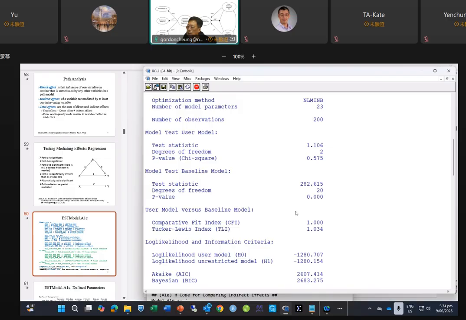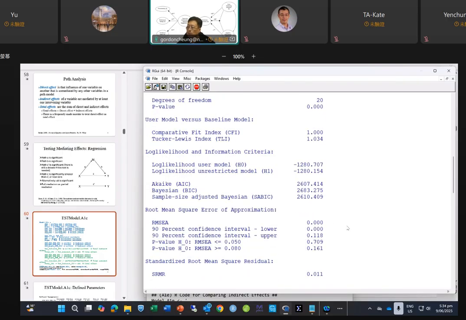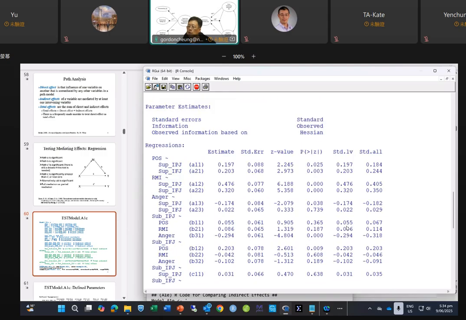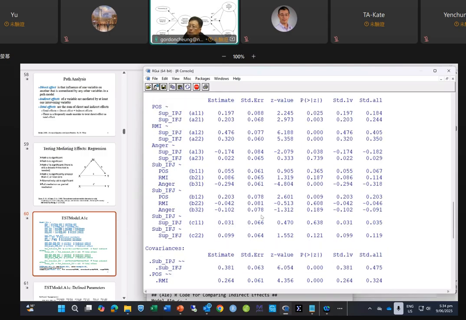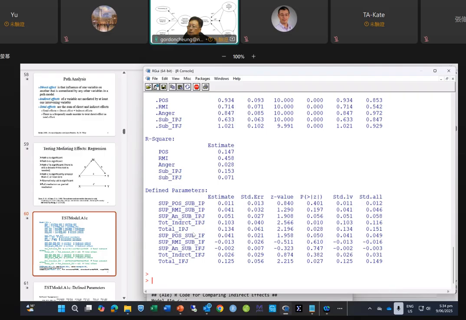Fit is exactly the same as our previous model because we are estimating the same number of parameters. You can see that all the estimates are exactly the same as before. What we have done is in fact creating some new defined parameters.